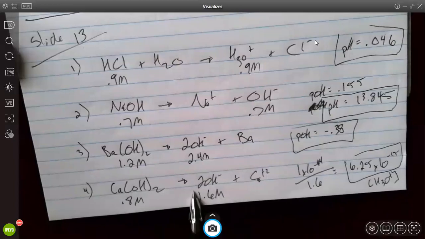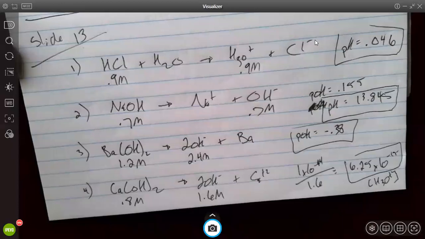So I have 1.6 molar as my concentration of hydroxide ion. I then plug that into my formula, that is 1 times 10 to the power of negative 14 equals the concentration of hydronium ions times the concentration of hydroxide ions. And when you solve that formula, you should get 6.25 times 10 to the power of negative 14.